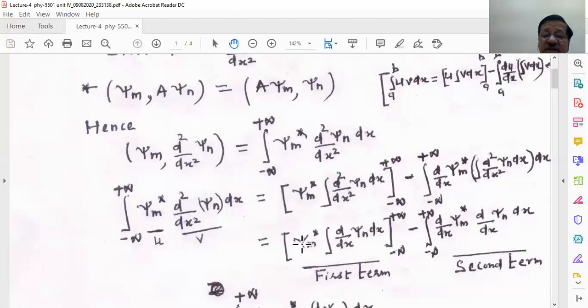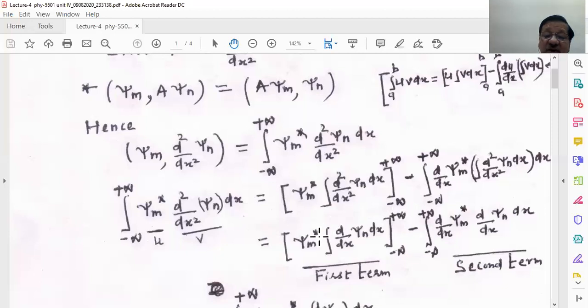And now you see this particular step is vanishing. This I would like to explain. Even if you don't solve this term, look at this psi m star, and you see that the limit is from minus infinity to plus infinity.